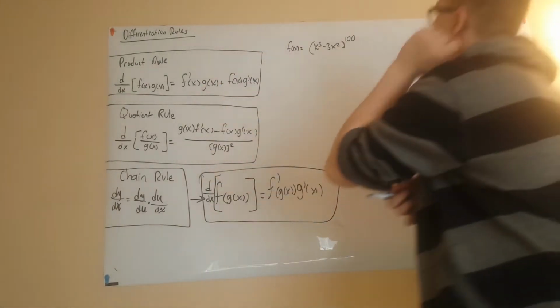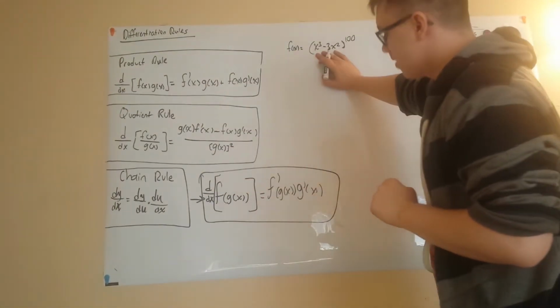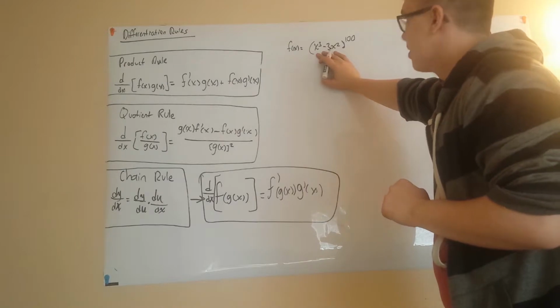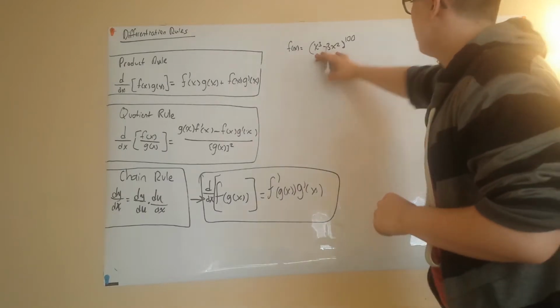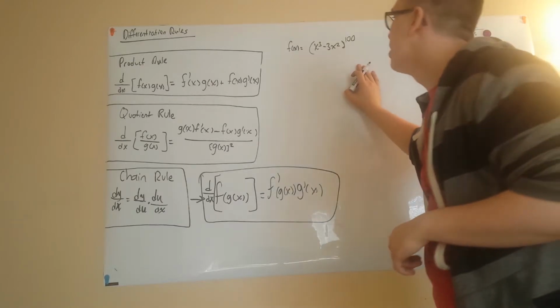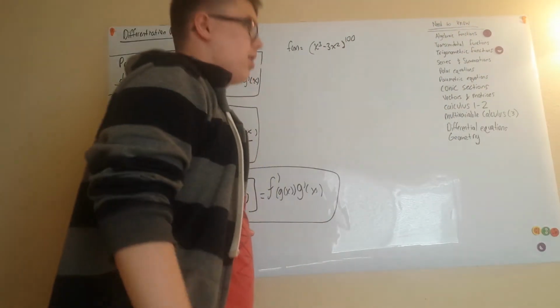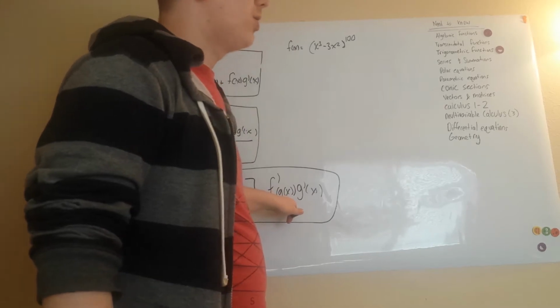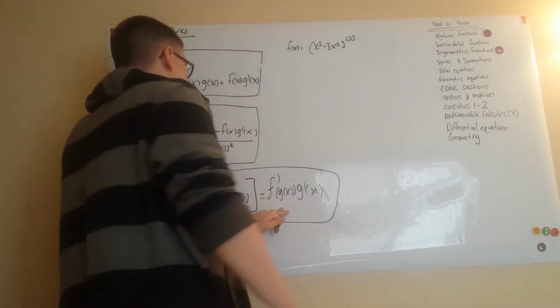This is a composition of functions. g of x is x to the third minus 3x squared. f of x is x to the 100th. We can recognize this as a composition, and we know the chain rule would give us this.